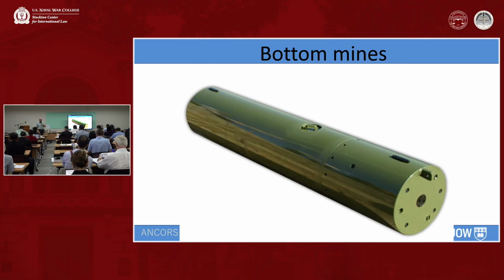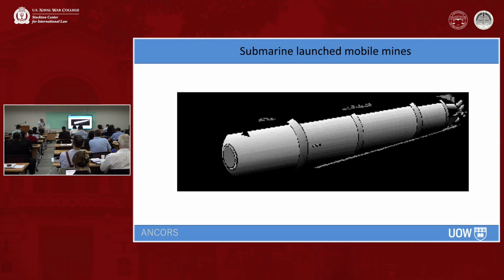Mines that sit on the bottom of the seabed and are activated either by some control mechanism, a signal, or perhaps by a signature from a vessel passing overhead as well.